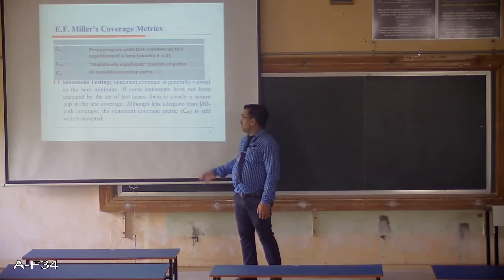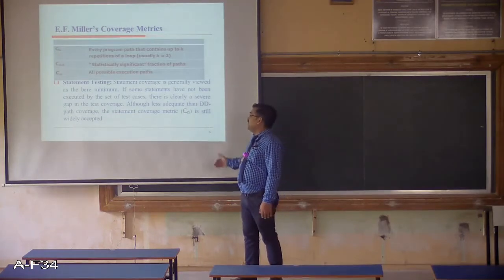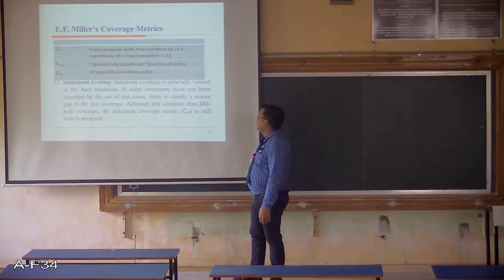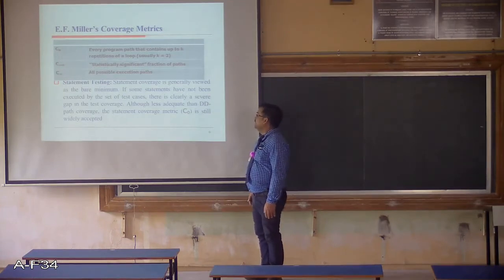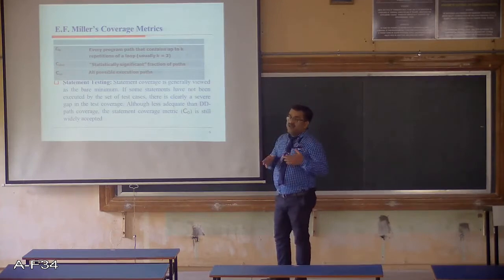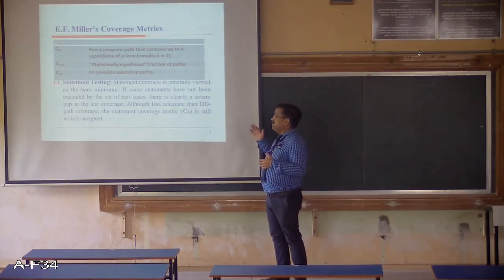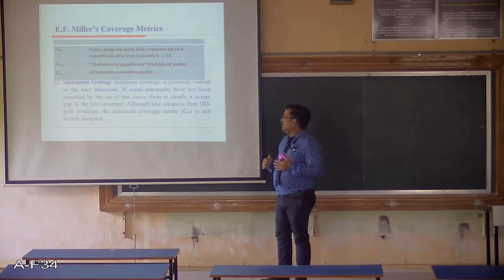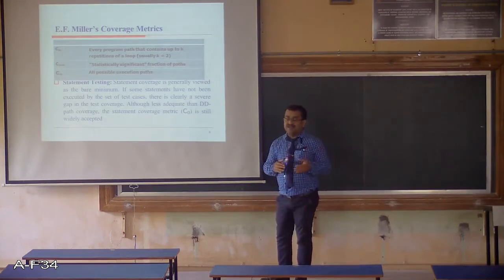According to these definitions, we are going to define the next terms. Statement testing, or statement coverage, is generally viewed as the bare minimum for coverage. If some statements are not executed, then obviously there is a severe gap in the set of test cases.